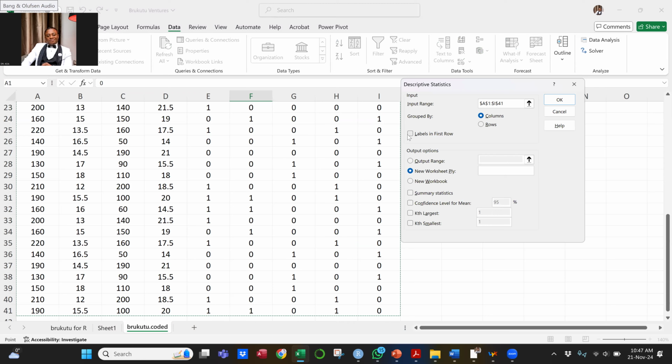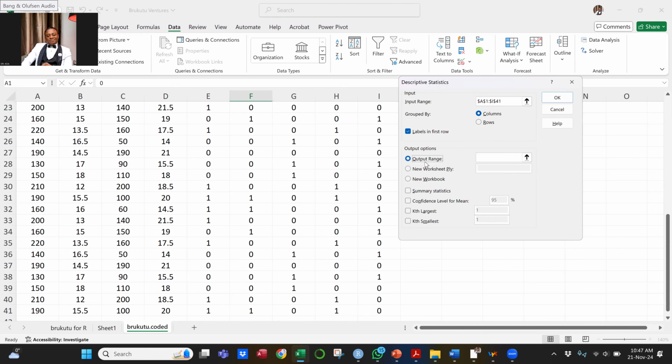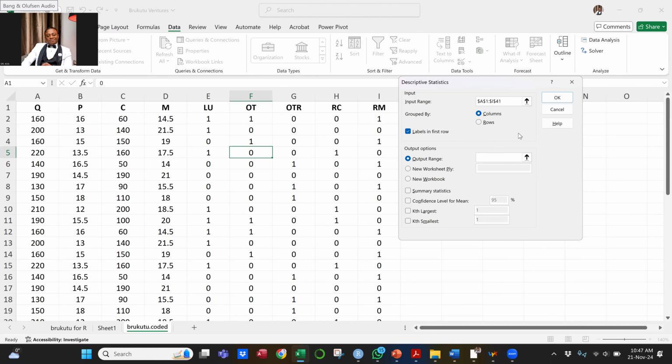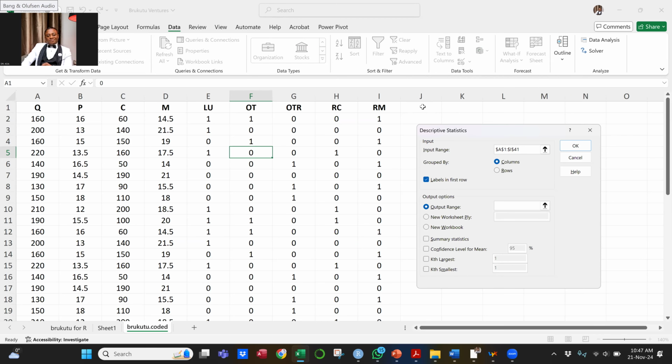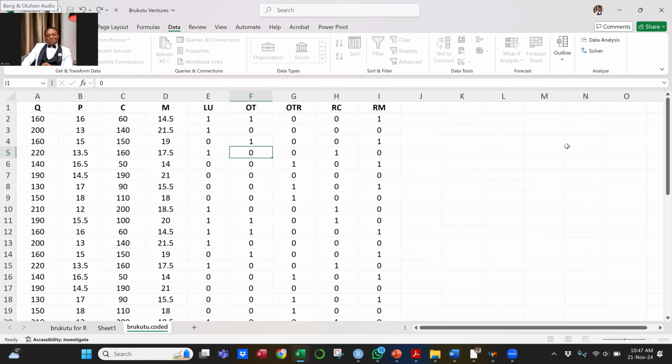Then in the labels here, tick labels in first row. Take the output range where you want your results to be. Click a space to the right of the data set. Let's say column J1. That's where you want your results to be. And select Summary Statistics.